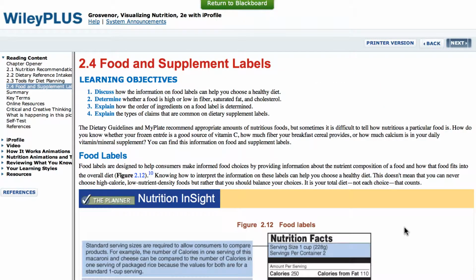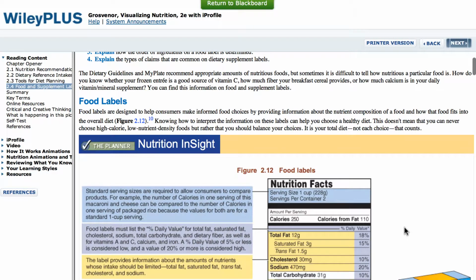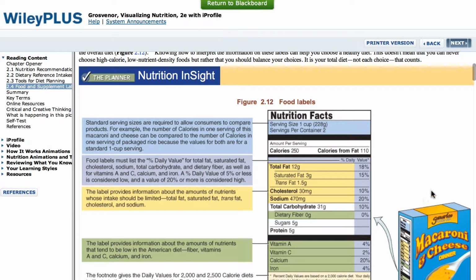And I think the part about food labels is fairly self-explanatory. Food labels are very complicated, but I think if you go through this, you will understand how to compare one food to another by using the nutrition facts label. And again, as that little video explains, pay particular attention to the serving size that's in your food and also how many servings are in each package.